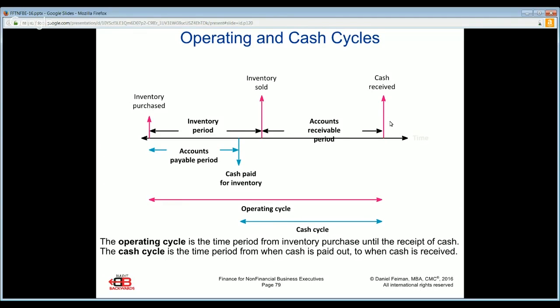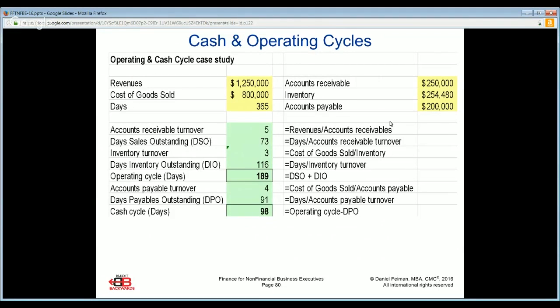And the Excel model that I created for you, which has the formulas in there, only needs 5 simple inputs. With those 5 inputs, you can calculate your operating cycle and your cash cycle and compare it to what you'd like it to be, what it has been, or its industry peer group. Very important, because that's the most critical element in looking at and managing our working capital, our cash.